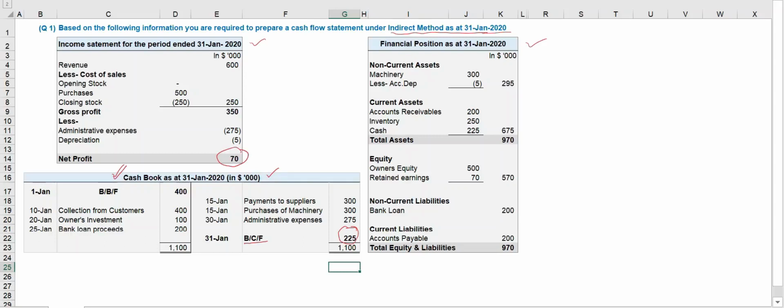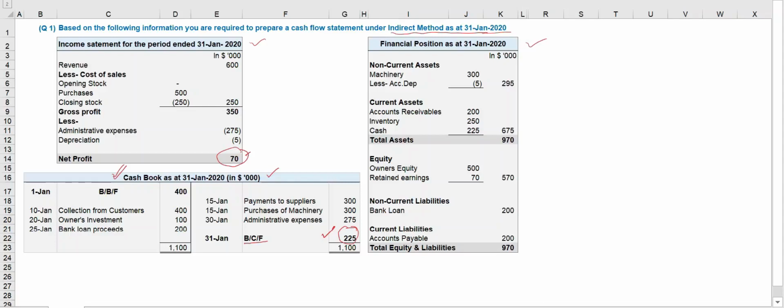In this case, from a net profit of 70,000 US dollars, you should arrive at the cash book balance of 225,000. So let's have three headings in order to calculate the cash flow statement.